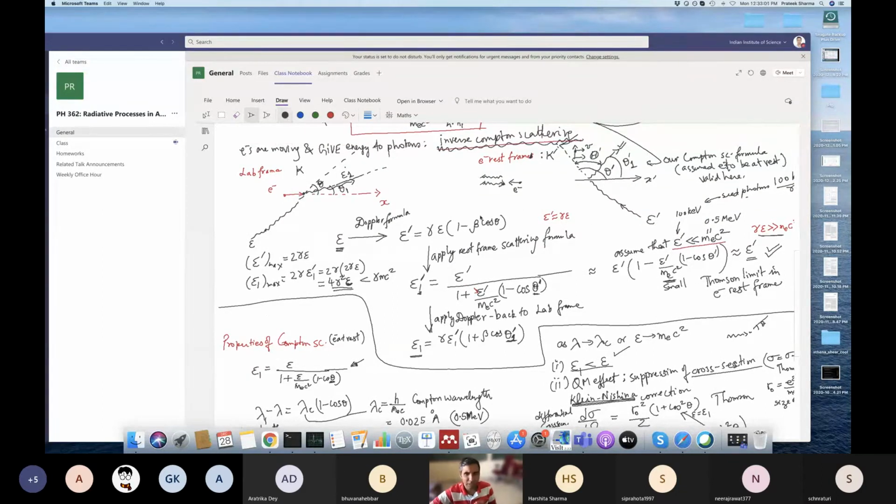The tail collision would be in which a photon is moving in this direction and the electron is moving in the same direction, and the photon gets reflected. So in this case, the electron is moving away from the photon. So in this case, theta is like pi.